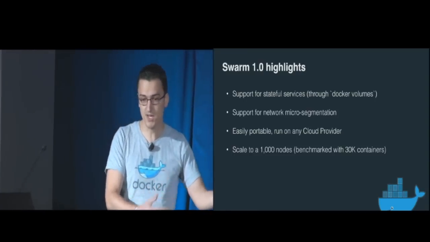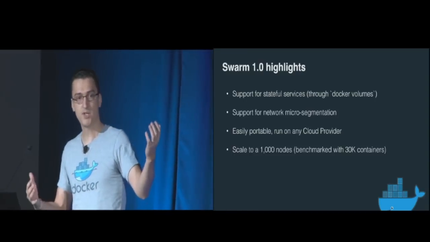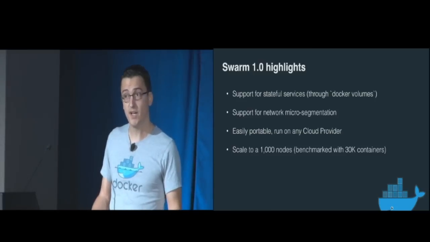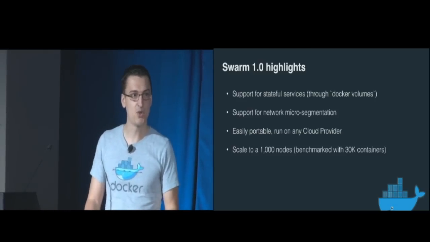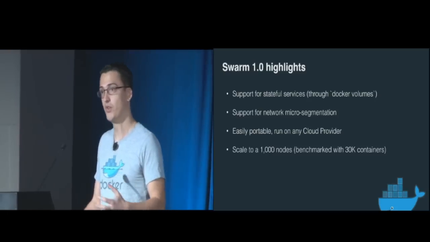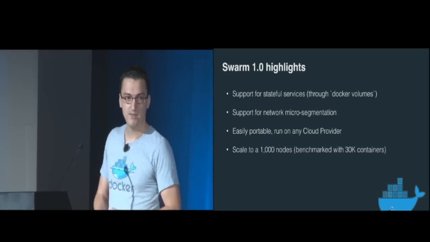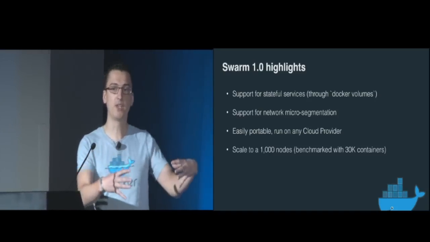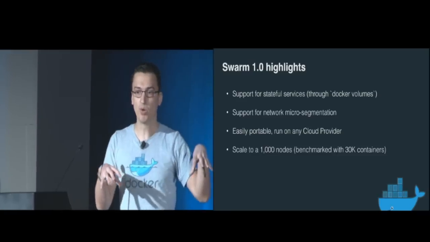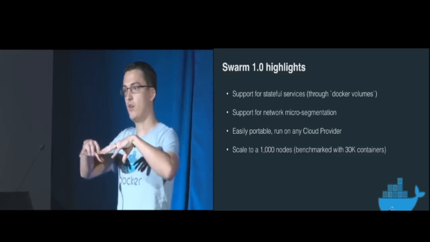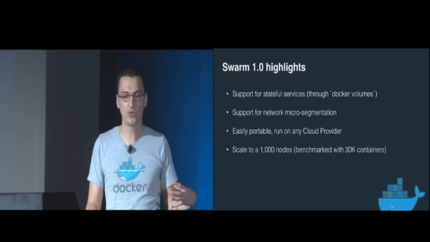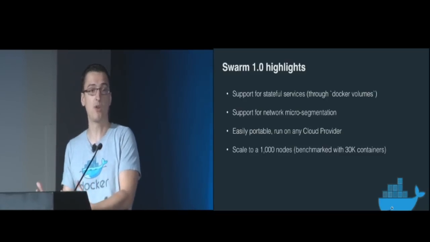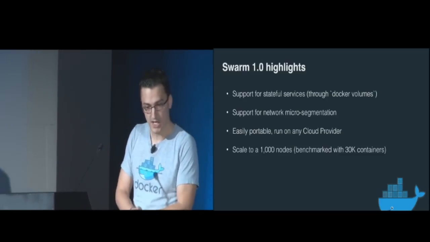So for this release, we added support for 2 major features that were being asked for a long time. The first one is support for stateful services through the Docker volumes command, and also the ability to create networks across multiple containers that sit on different hosts. So it makes the networking really easy for developers, and also the same way in production as well.